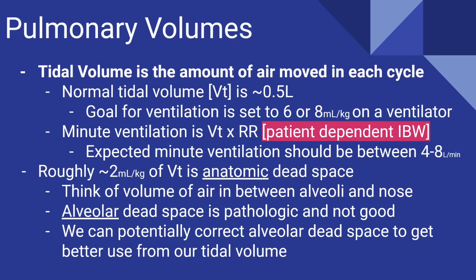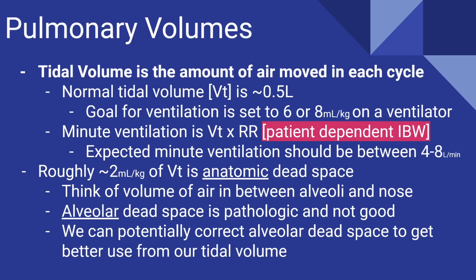And that's what you'll set on your ventilator. So for me, weighing about 70 kilograms, that would be between 420 milliliters and 560 milliliters. That's how much I breathe normally, or theoretically.